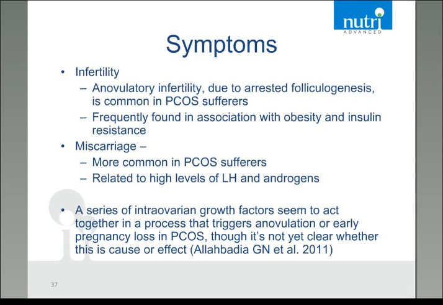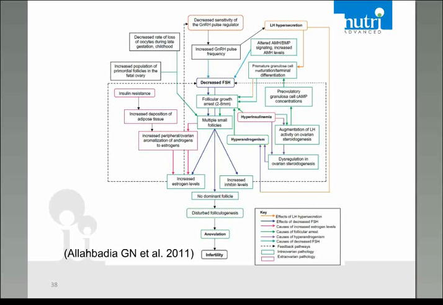A series of intra-ovarian growth factors seems to act together in a process that triggers anovulation or early pregnancy loss in PCOS, though it's not yet clear whether this is cause or an effect. And remember, guys, this evidence is constantly evolving. We're constantly learning new things.